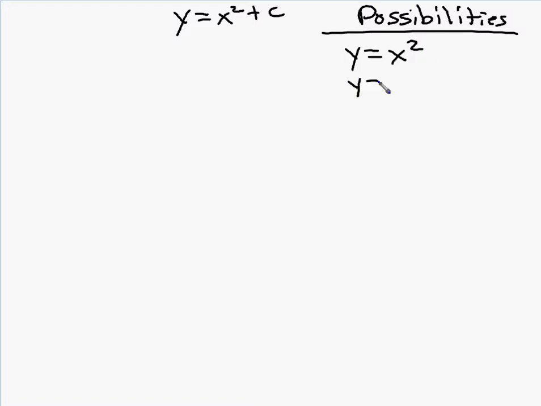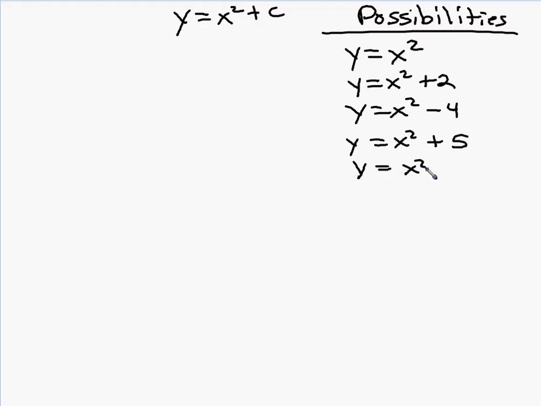Couldn't it be y equals x squared plus 2? Couldn't it be y equals x squared minus 4? It could be y equals x squared plus 5. It could be y equals x squared minus 5. And couldn't we go on forever? Because we don't know what c is.